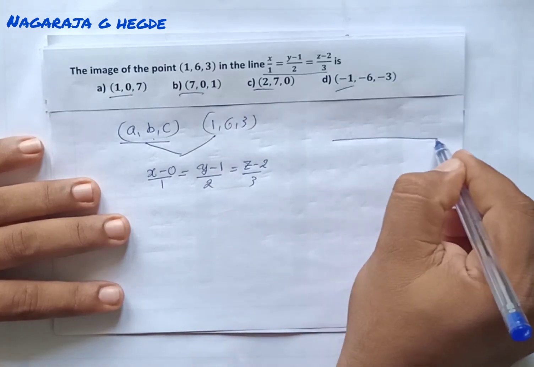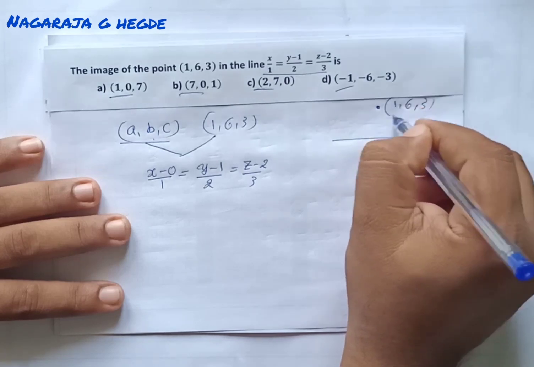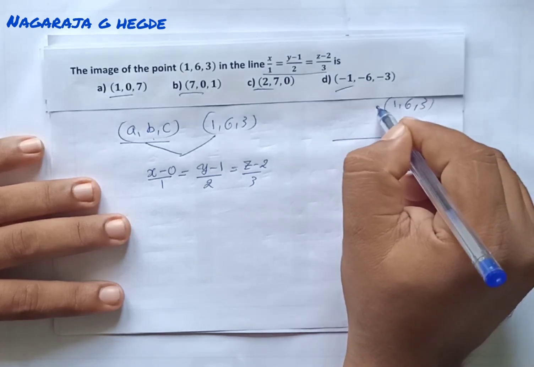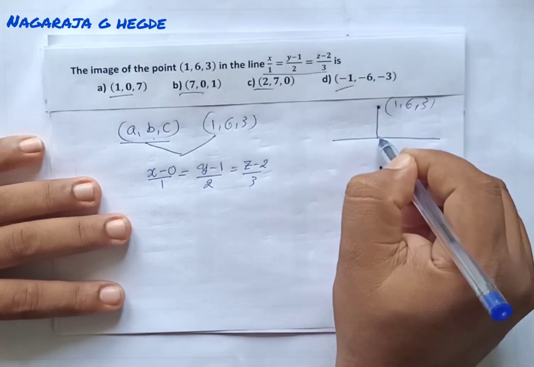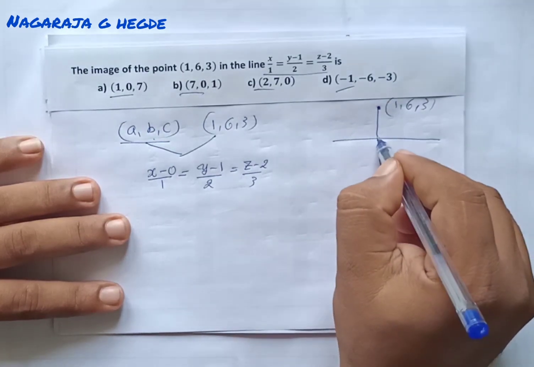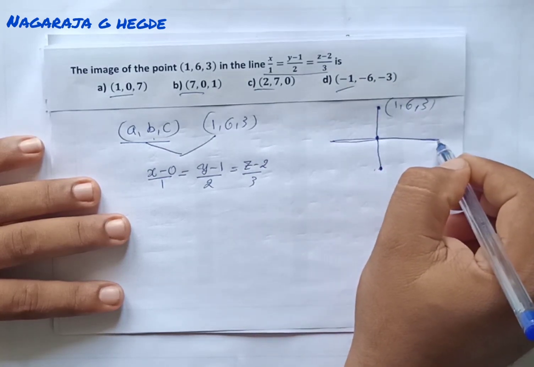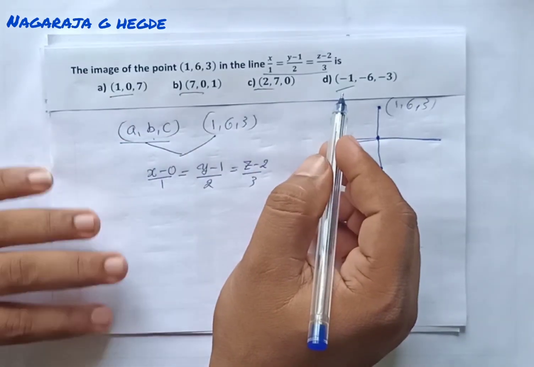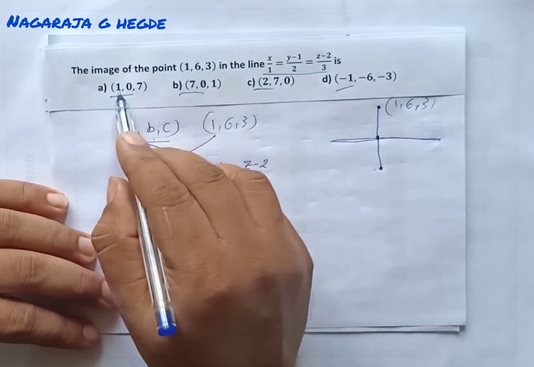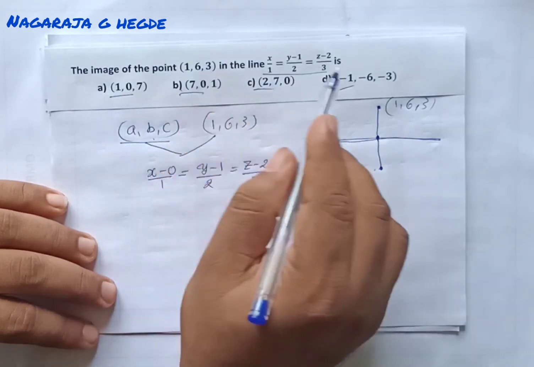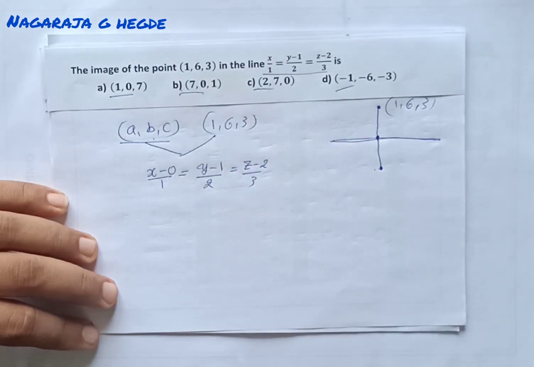Because this is the line, and there is a point (1, 6, 3), the image of this point is such that this distance and this distance are always the same, that means the midpoint of these two lies on the line. So from the 4 options, calculate the midpoint of each one with this point, A with this, B with this, C with this, D with this, and substitute in the line. If it satisfies, then the answer is that point.